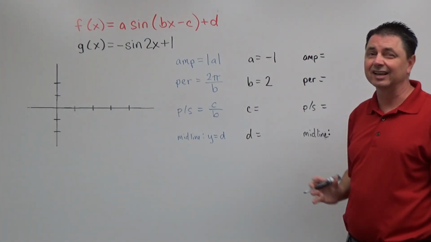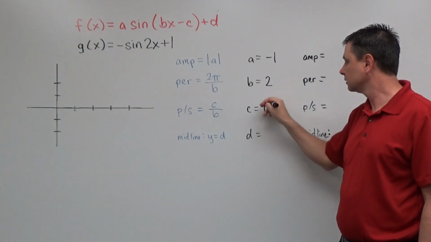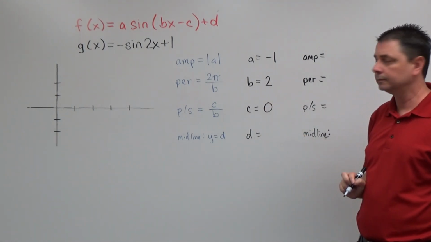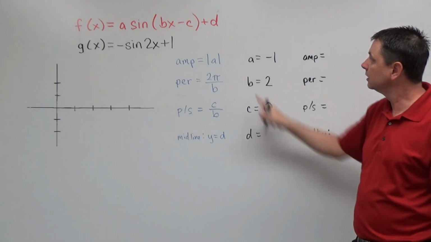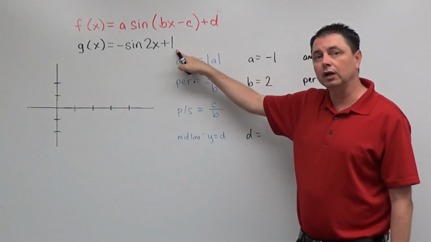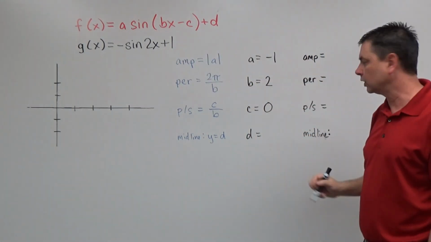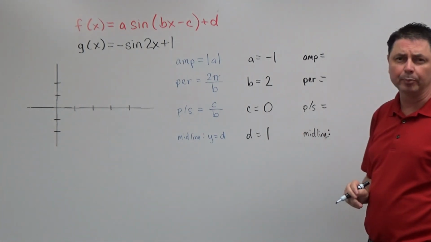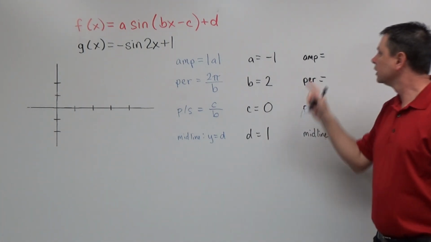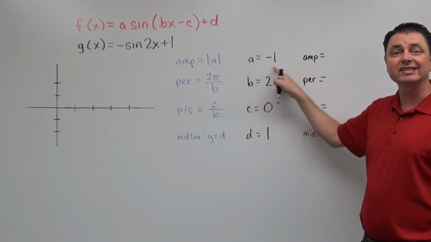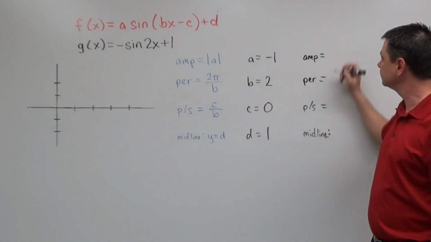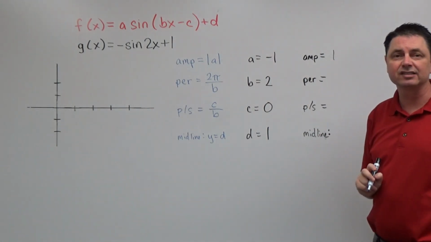C, again, this one does not have parentheses. So C is going to be 0. And D, this time we're adding 1 outside the sine function. So that's going to be a positive 1. So the calculations, amplitude is the absolute value of negative 1. And that's positive 1.